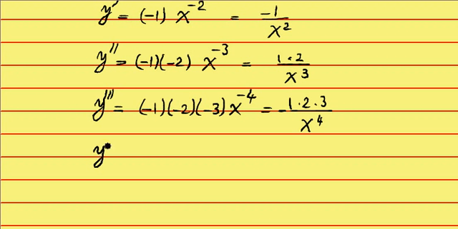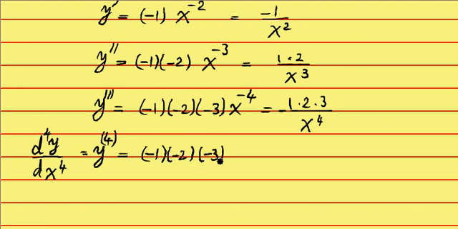Fourth derivative, we said we are going to write it in this style, or here's another. We are going to have one extra number up front, minus 2, minus 3, minus 4, x to the power of minus 5, and the minuses cancel.